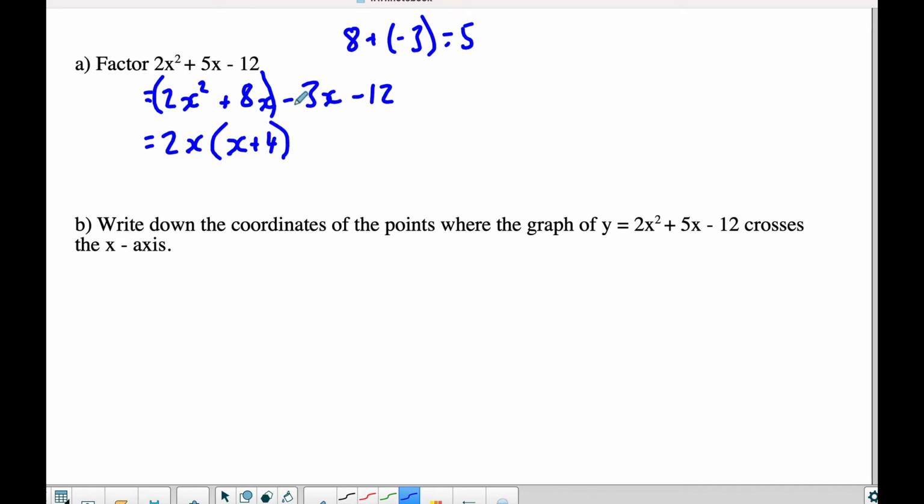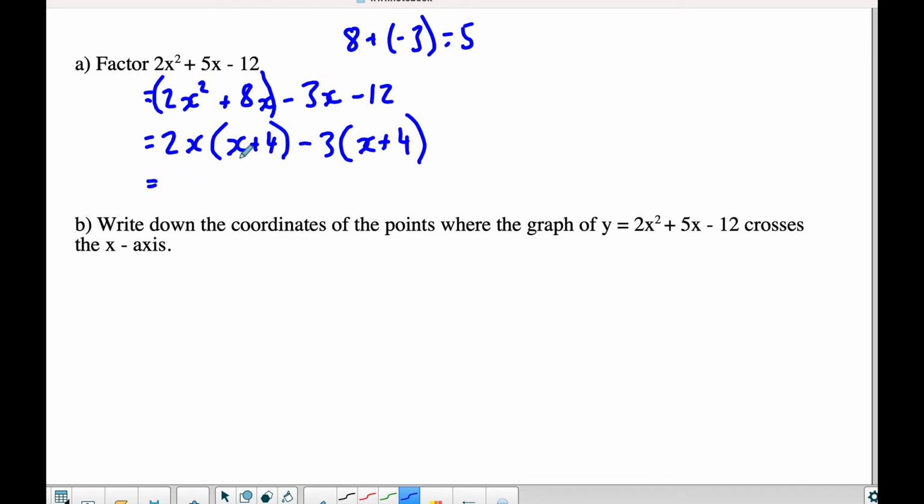And we're going to factor out negative 3 from the last two terms, so it's minus 3 times x plus 4. And if you expand this again, negative 3 times x is negative 3x, and negative 3 times positive 4 is negative 12. So we haven't changed the value of this expression.